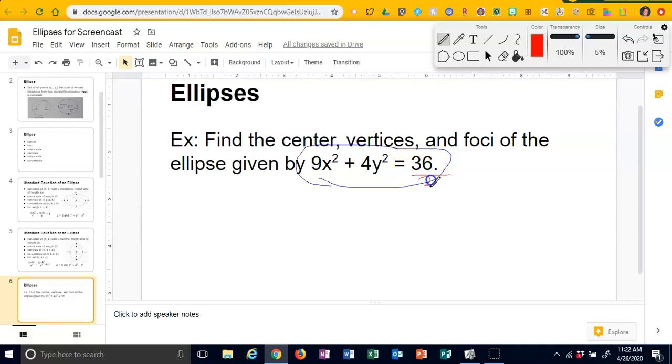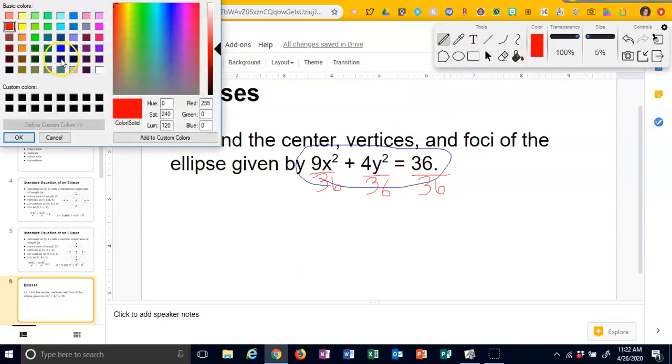If I divide this by 36, and I'm writing with my mouse, which isn't the greatest thing, I'm going to divide this entire side by 36 too. If I do that, I'm going to distribute it to each term, so this will be divided by 36, and this part gets divided by 36. Let me simplify it a little bit.